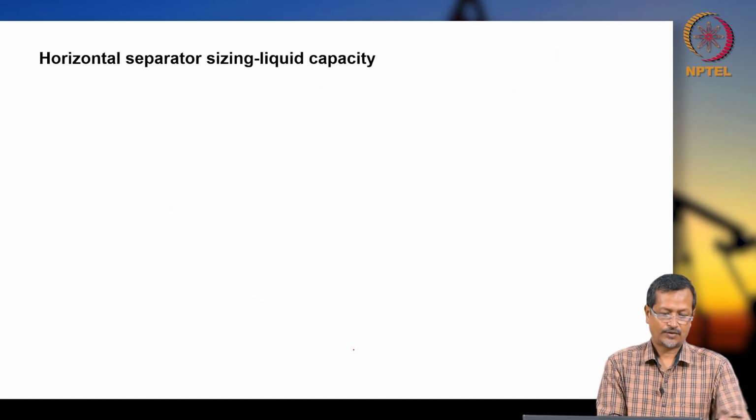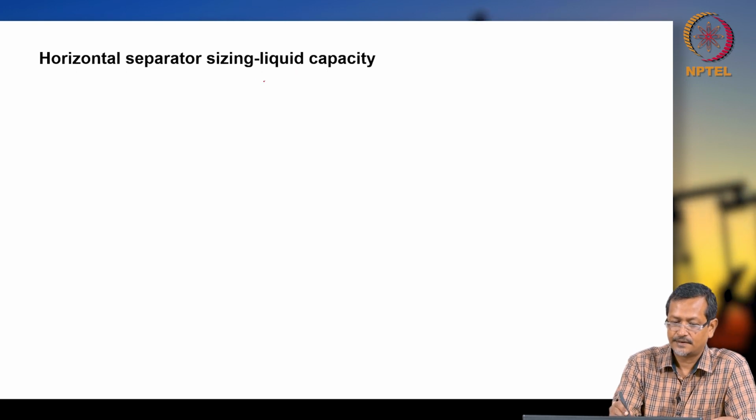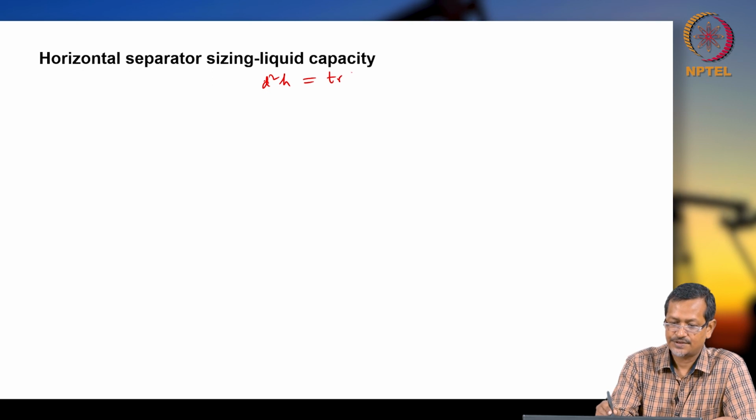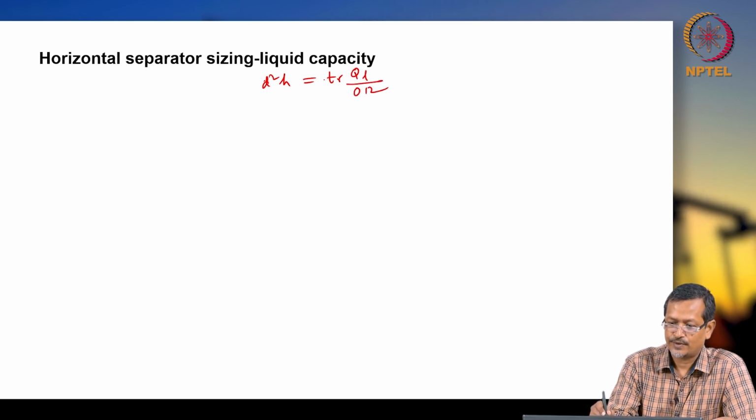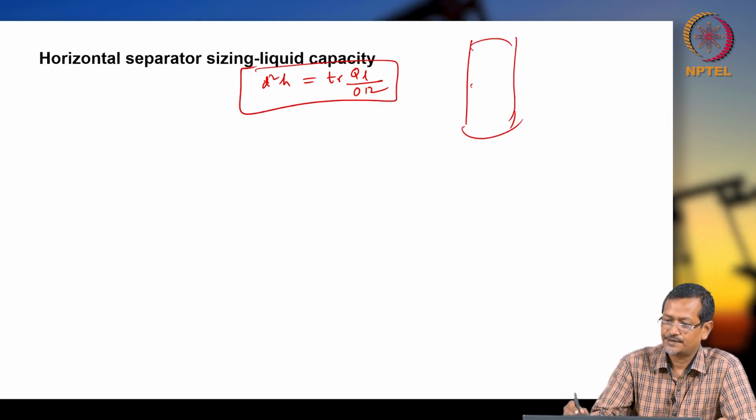Okay, for liquid capacity for a horizontal separator, your formula is d square H equals TRQL divided by 0.12. Okay, so this is your separator.